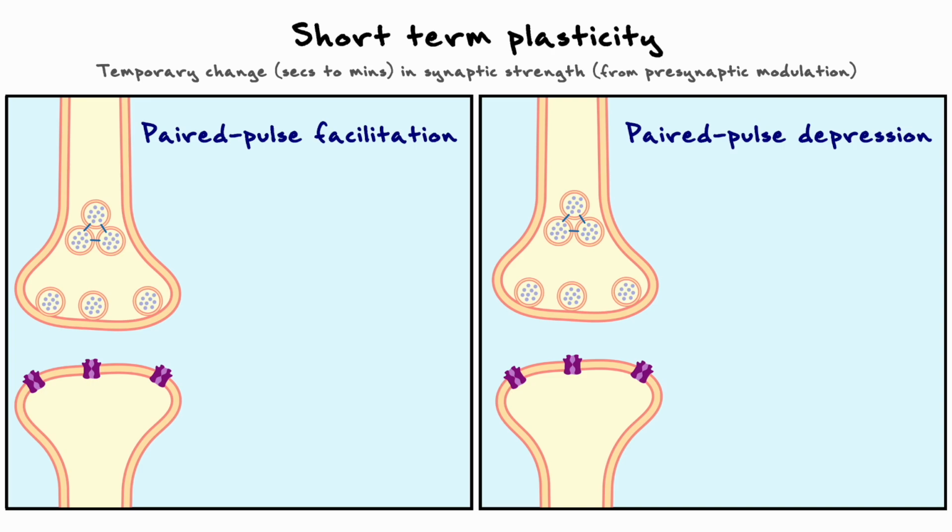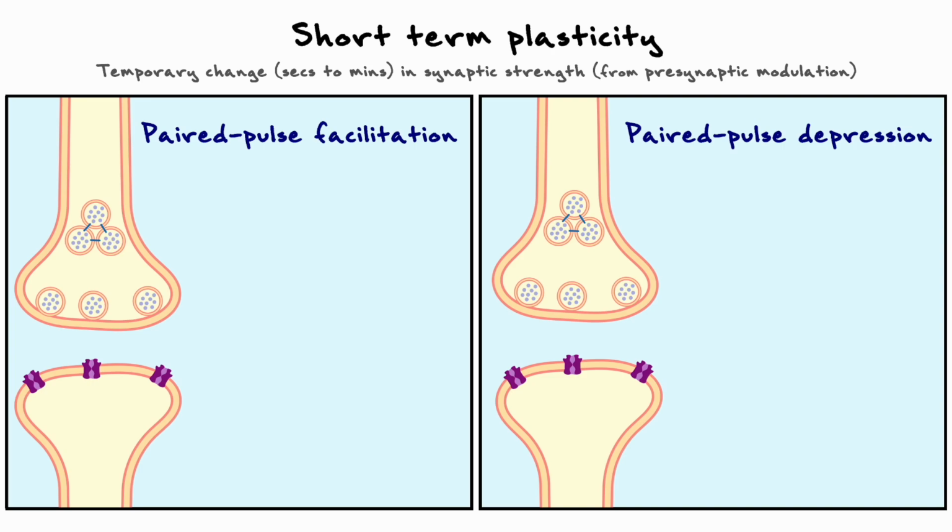To see how plasticity occurs, we always need to consider a baseline response, so pre-plasticity and post-plasticity response. For that reason, we will need at least 2 consecutive pulses delivered to the presynaptic terminal to be able to see any changes in the synaptic strength.